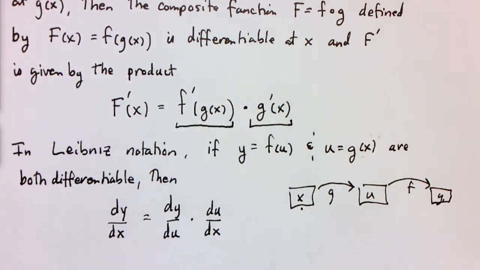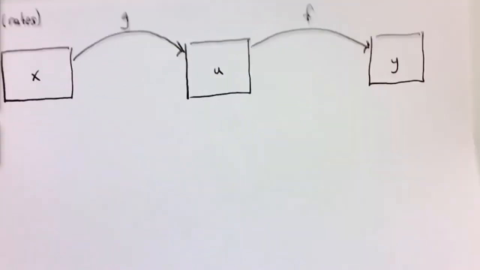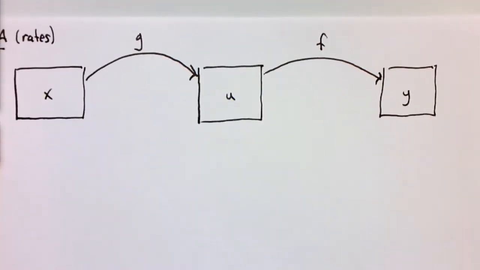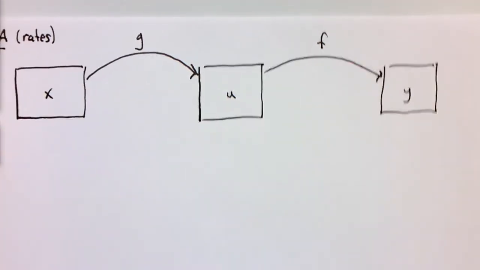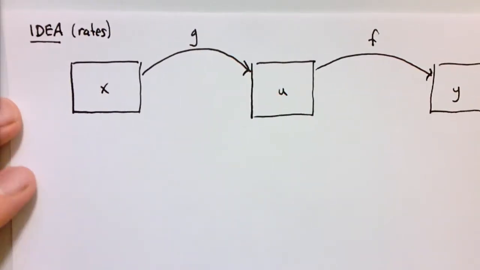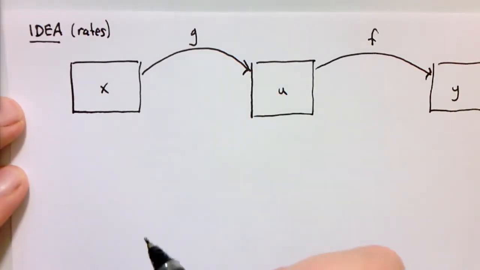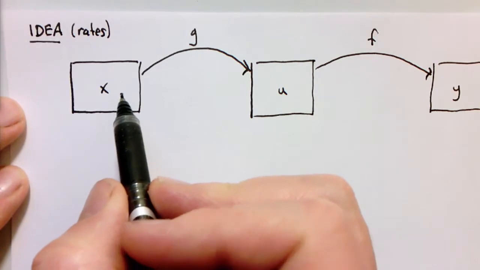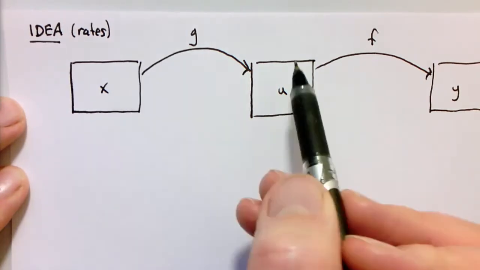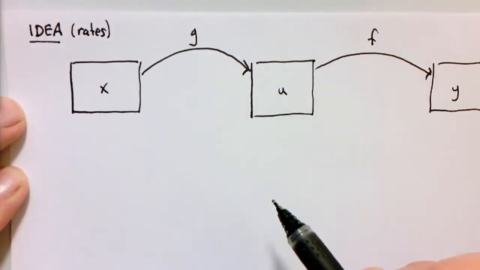Why do I need the product? Well, one way to think of it is in terms of rates of change. The idea here is, let's suppose that we have one of these composite functions.